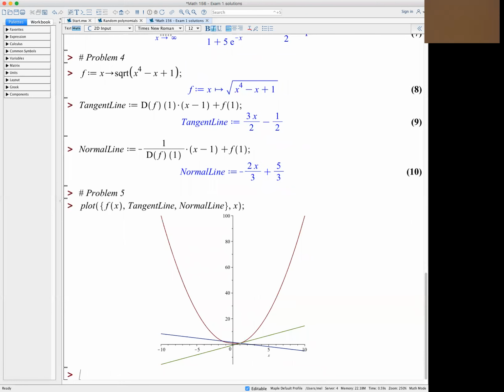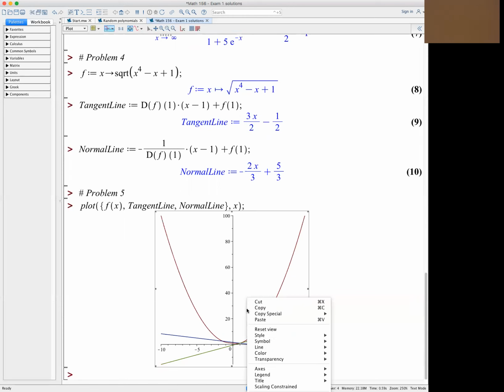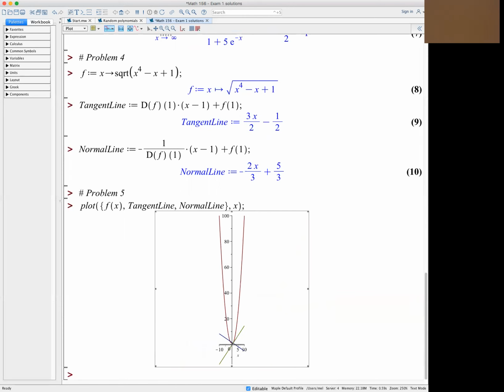And of course, the blue and the green lines aren't perpendicular the way they're supposed to be. And that's because this is not drawn to scale. So let me do control click, scaling constrained. There we are. Let me just not have it go up so high. So let's say that X still goes from -10 to 10.